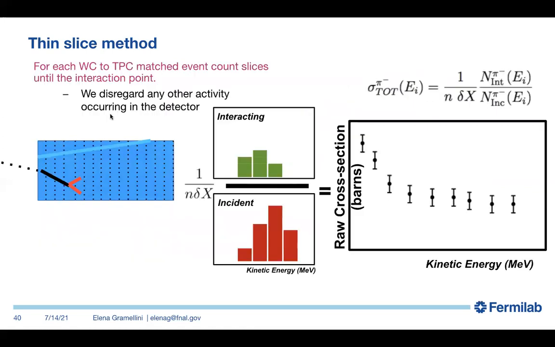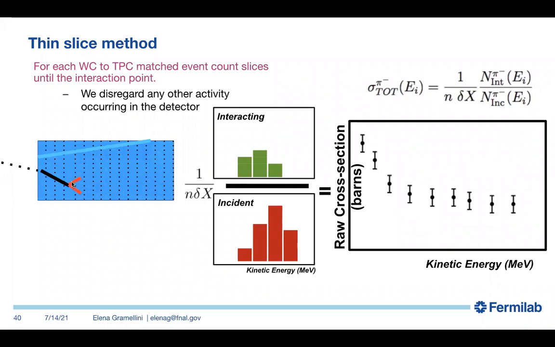For each of my beamline events, I slice my TPC in many points until I get to the interaction point. If nothing happens in the first slice, I record its energy only as one of the incident cases. Then I keep going, and in each slice I keep filling this incident plot.